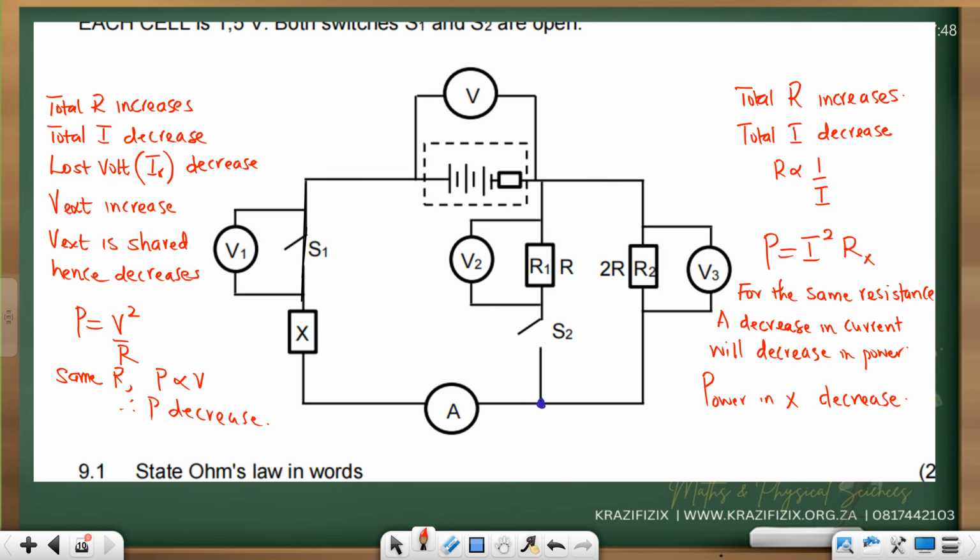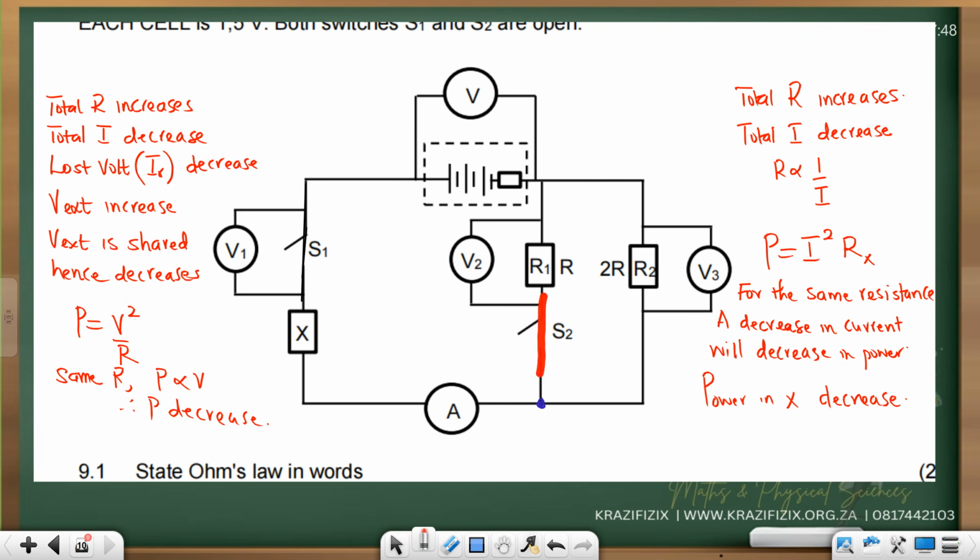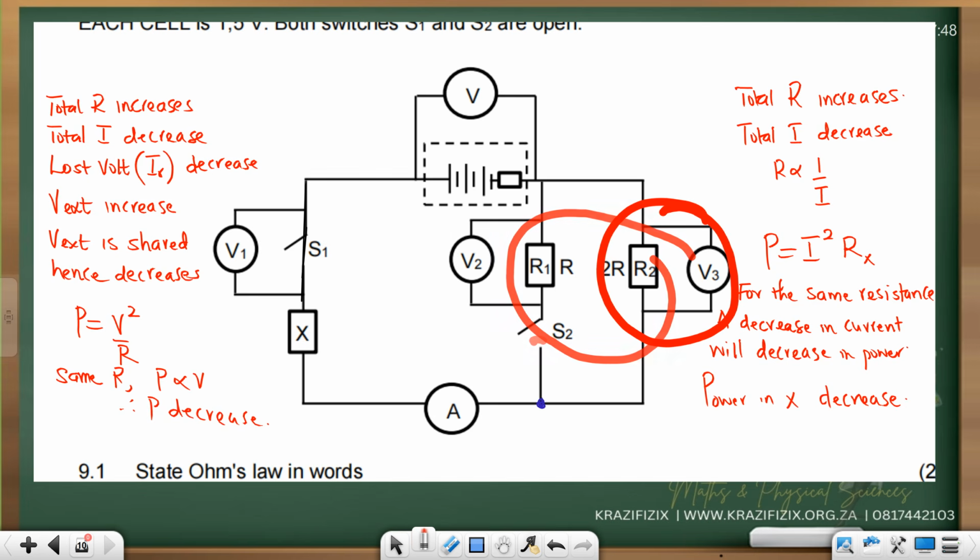When this was still connected, it was still shared though. However, this was taking a smaller portion. But now when it's open, this now takes a bigger portion. It now takes a bigger portion than it was taking before.